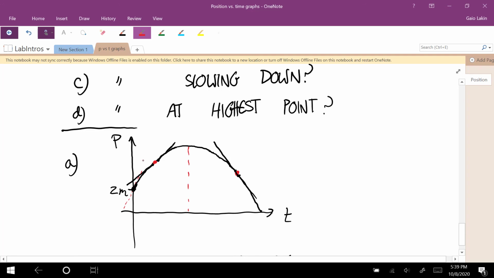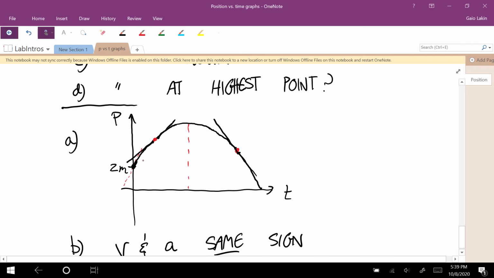We can see that it's concave down everywhere, so we know it has a negative acceleration. And so in order for this to be speeding up, we need to find a place where the velocity is negative, so it's the same sign as that acceleration. And so this region here, I'm going to just label that B, because that's where this object is speeding up. Once it gets to its highest point and starts to fall back down, that's when the object starts speeding up on the way down.